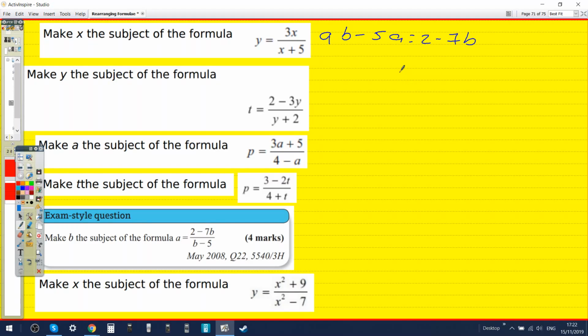Then do minus ab on both sides and minus 2 on both sides, sorry. So minus 5a minus 2 equals minus 7b minus ab.